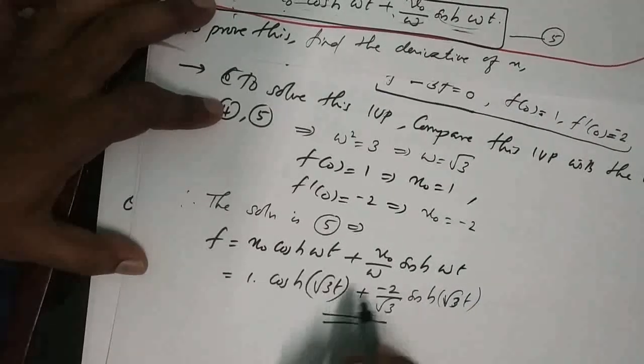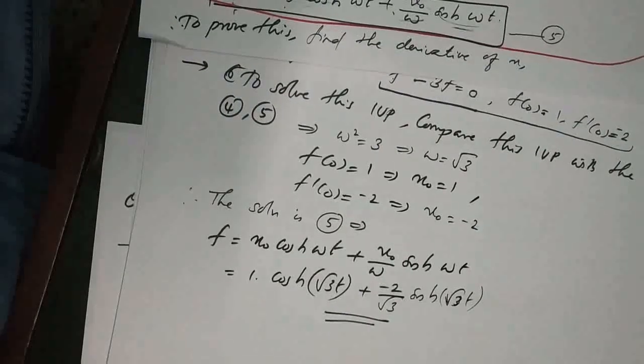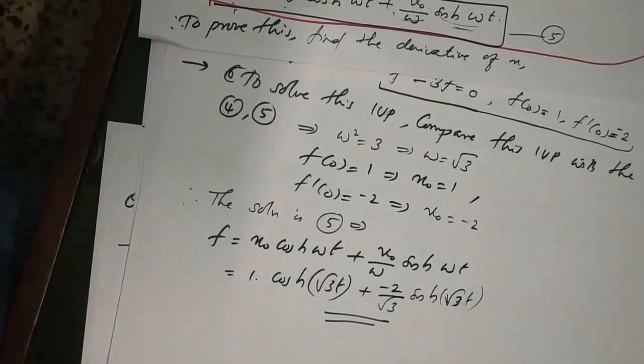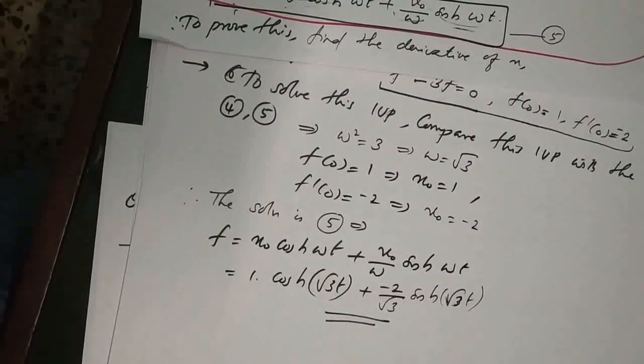This will be the solution: cosh(√3 t) − (2/√3) sinh(√3 t).